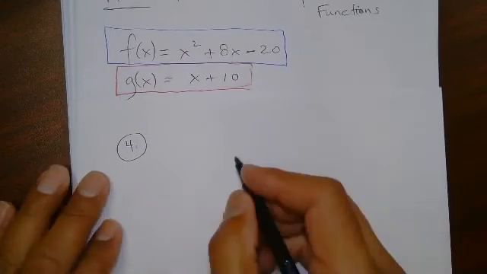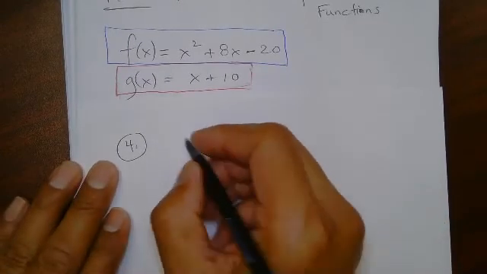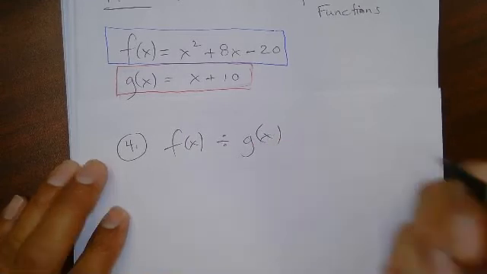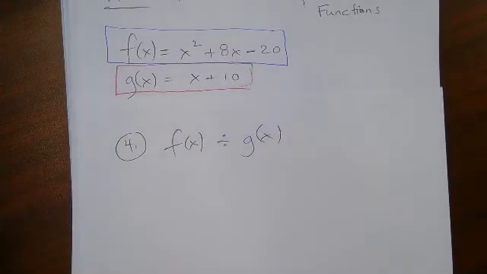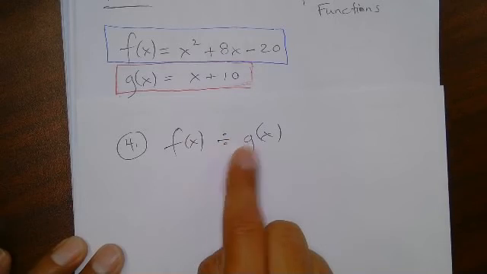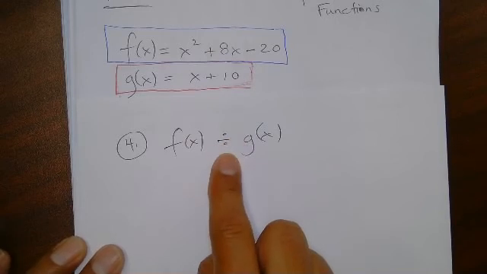Okay, number 4. I'll show the functions there. What is f of x divided by g of x? Go ahead, because you know. It's going to be in your homework. Go ahead and try that. This one's not adding, this one's not subtracting, this is division.